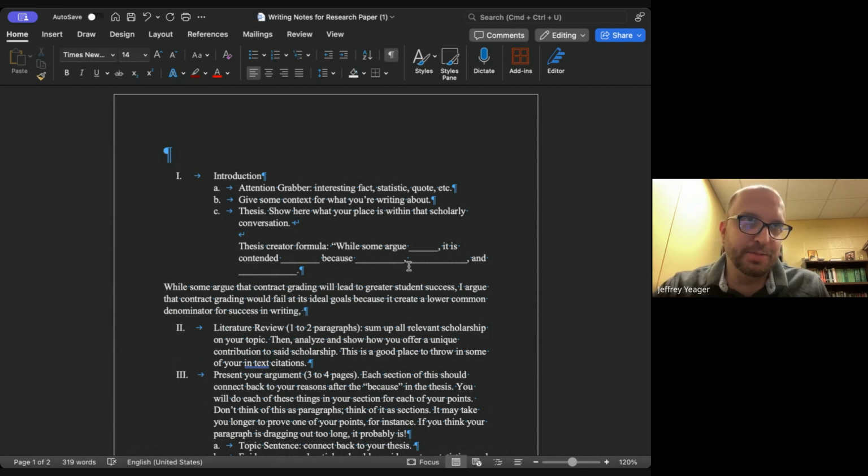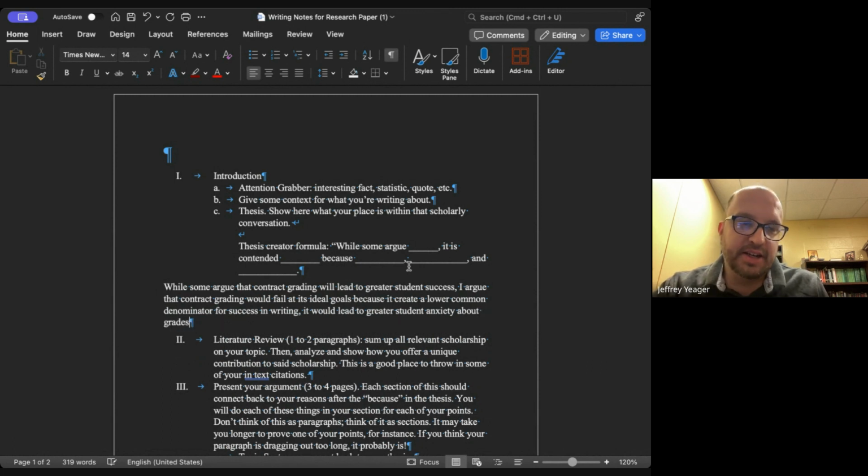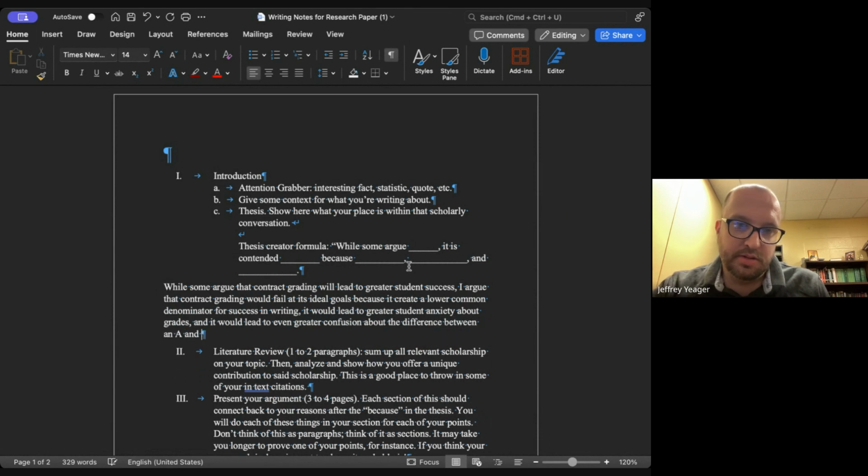Maybe a second point would be it would lead to greater student anxiety about grades. Maybe my third point would be, I'm trying to think, it would lead to even greater confusion about the difference between an A and a B.